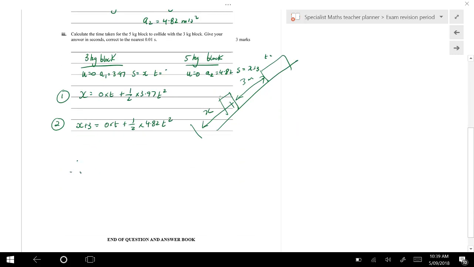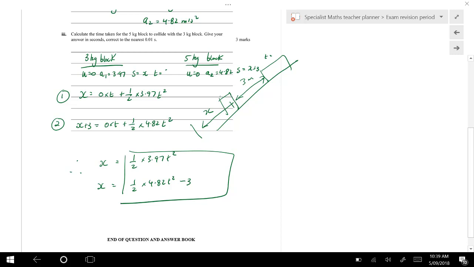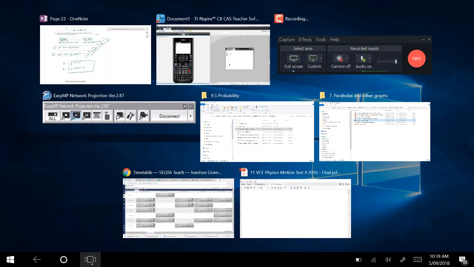So I got X is equal to a half times 3.97 T squared, and the other one was X is equal to a half times 4.82 T squared minus 3. Therefore, I let those equal and solve for T in my CAS calculator.